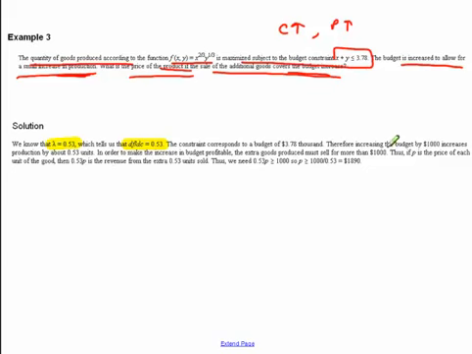So we can interpret that as if you increase the budget by $1,000, it will increase the production by 0.53 units. Because remember, just to be clear, our budget, our C value, is in terms of thousands.